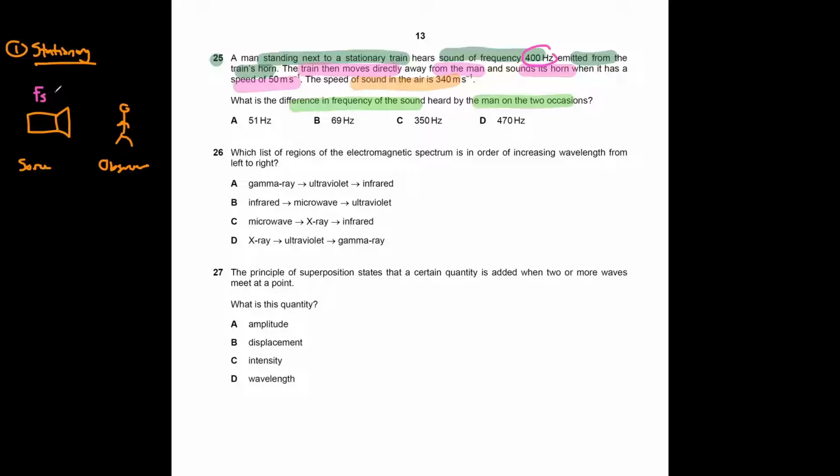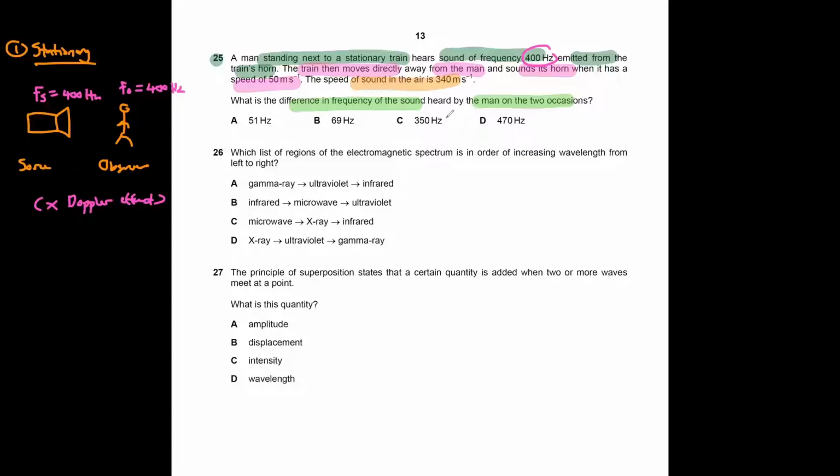So my frequency of source here is 400 Hz. Then whatever I hear here by the observer will also be 400 Hz. You do not have Doppler effect here yet because there's no relative motion between the source and the observer. So whatever the train is emitting will also be the same thing that the observer is hearing right now.